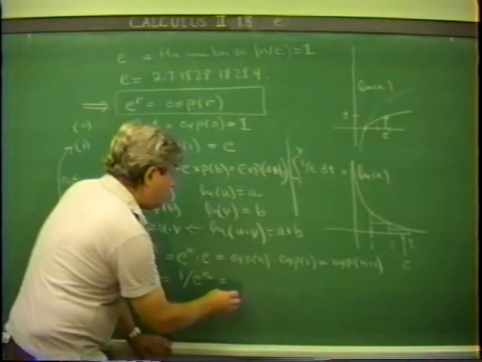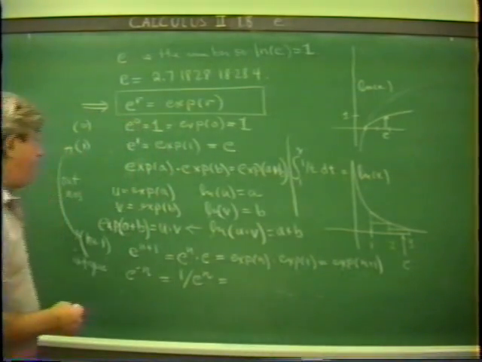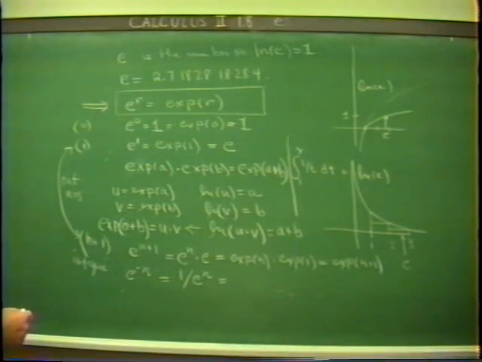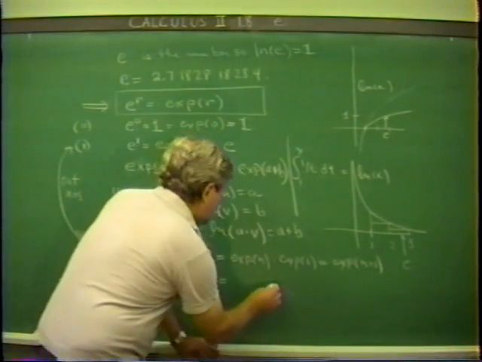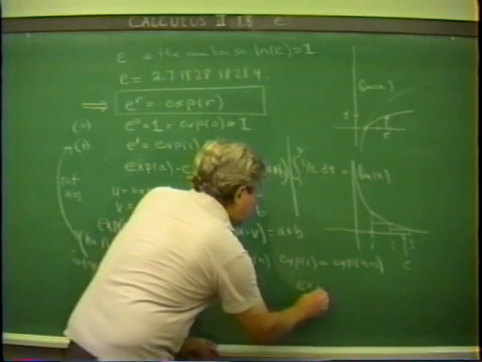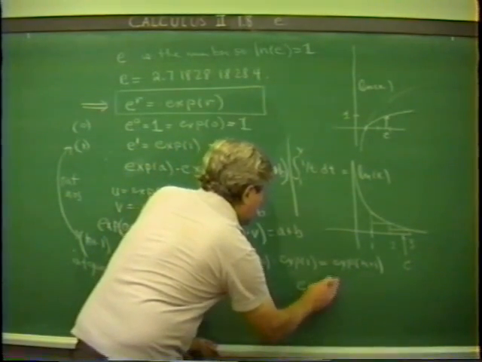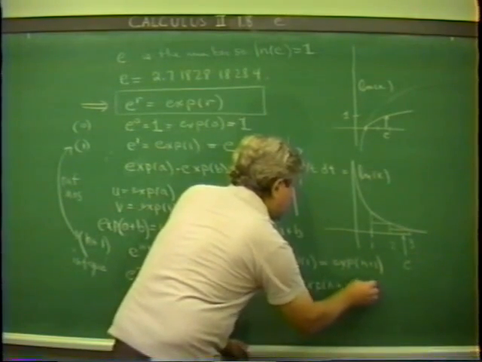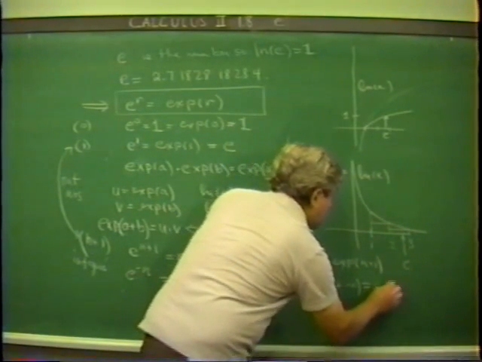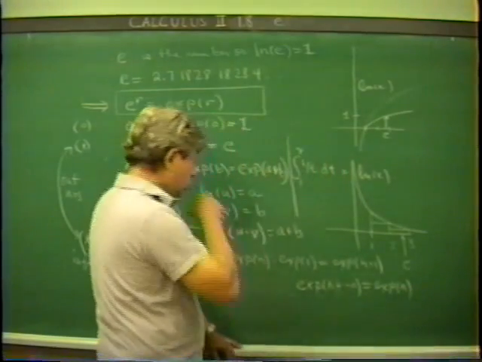This is 1 over e to the n, which is equal to 1 over exponent of n, but let's consider exponent of n plus negative n.